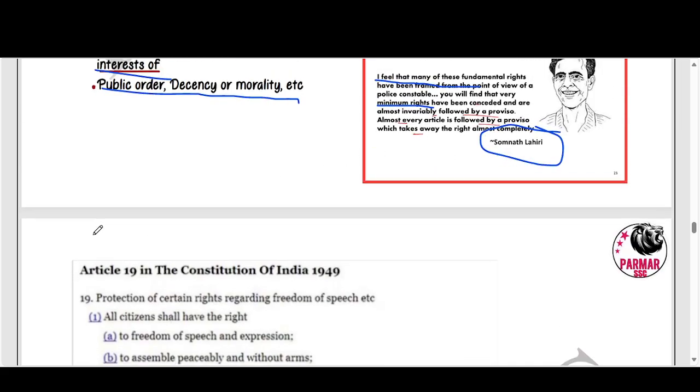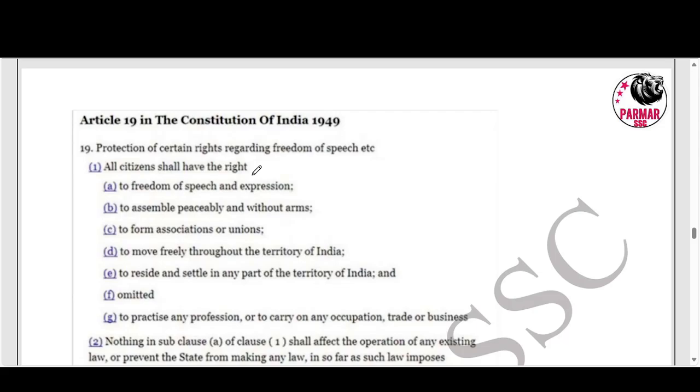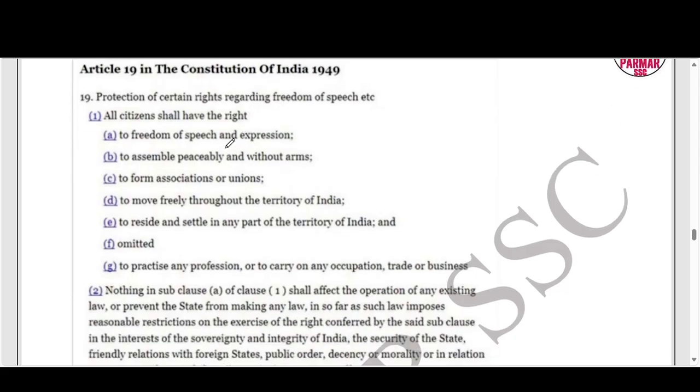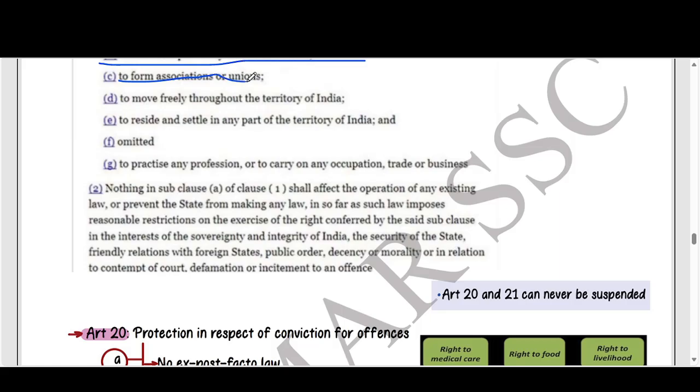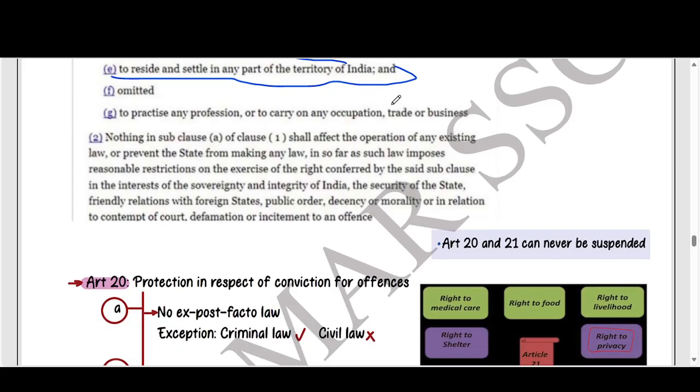Somnath Lahiri, Article 19 in the Constitution of India, protection of certain rights. All citizens shall have the right to freedom of speech and expression, to assemble peaceably and without arms, to form associations or unions, to move freely throughout the territory of India, to reside and settle in any part of the territory of India, and to practise any profession or carry on any occupation, trade, or business.